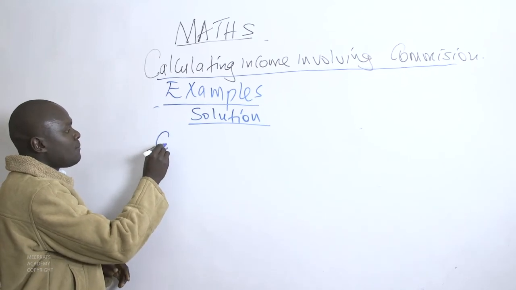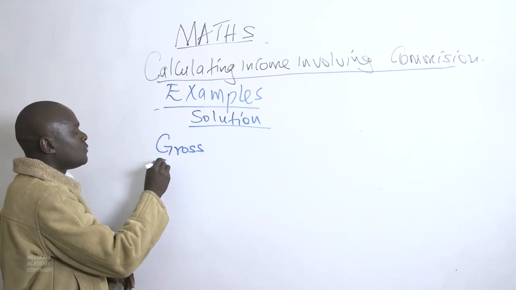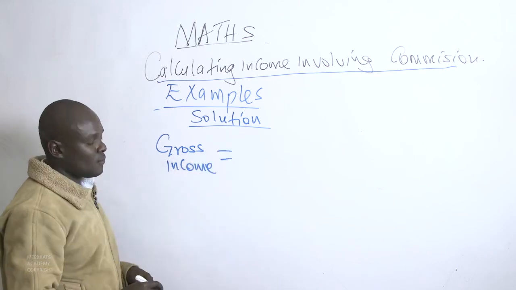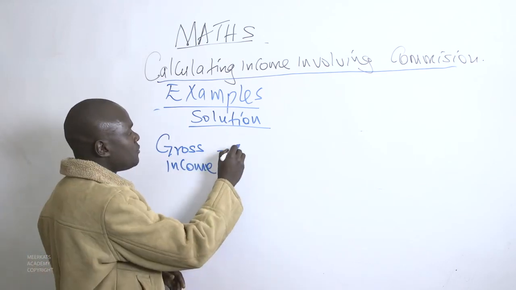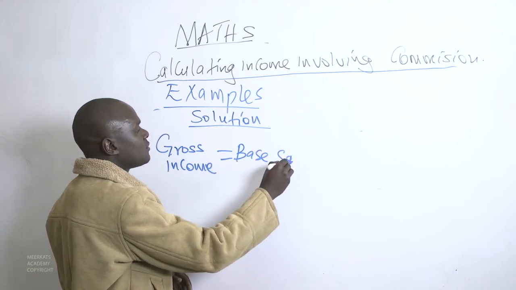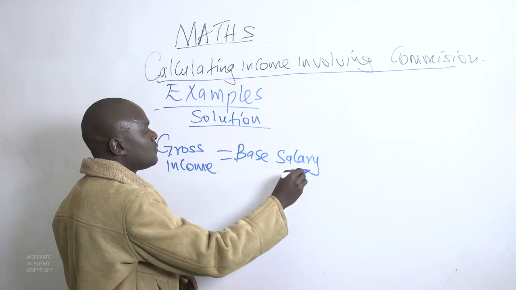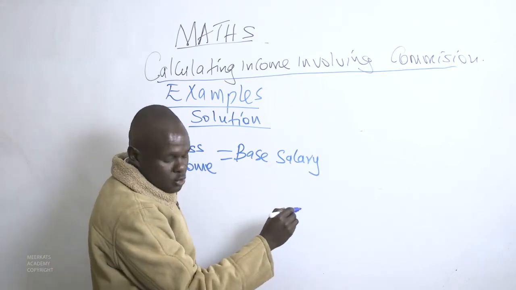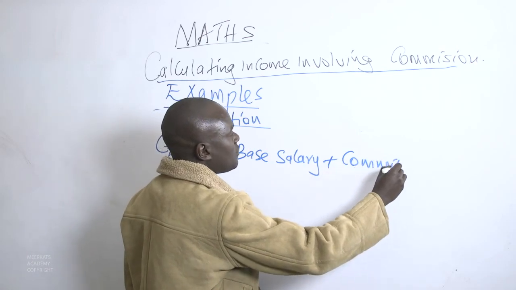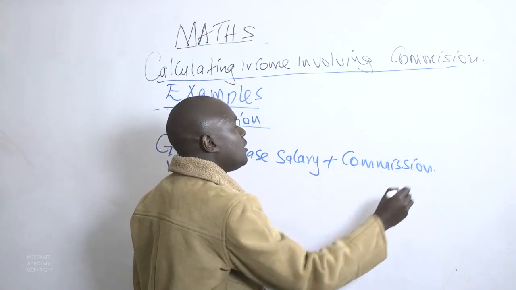So gross income will be equal to the base salary plus the commission.